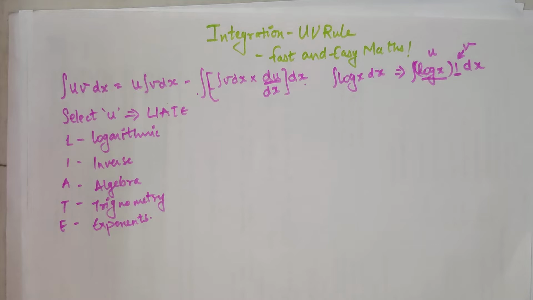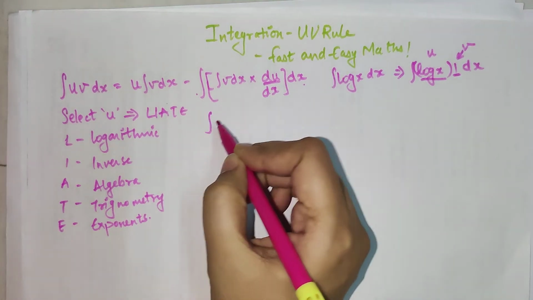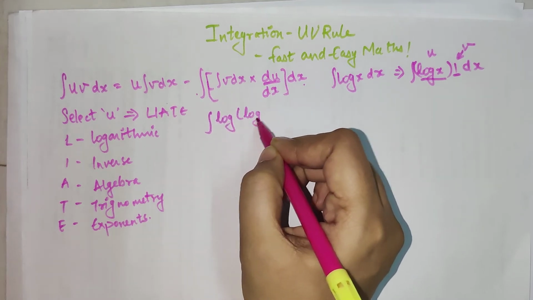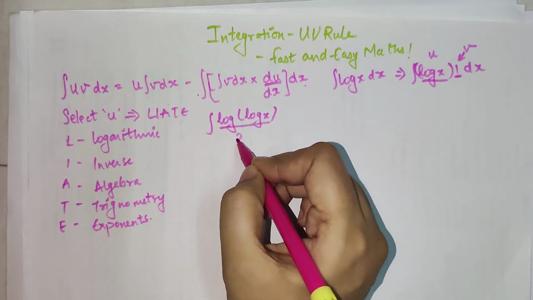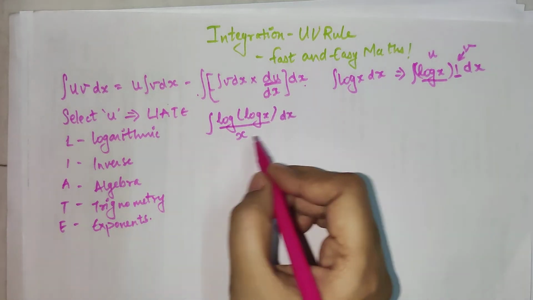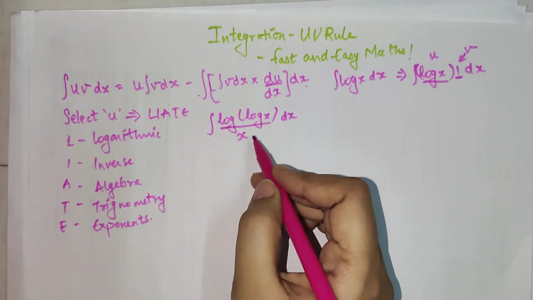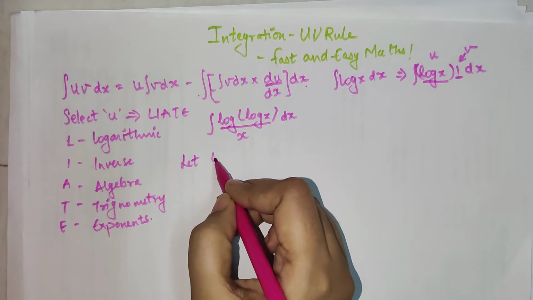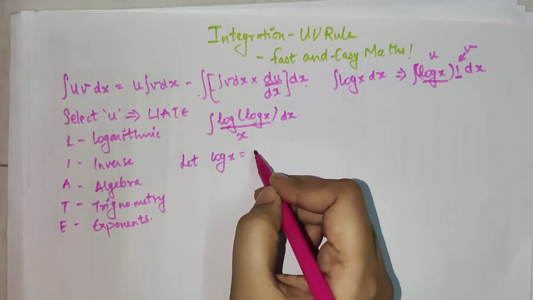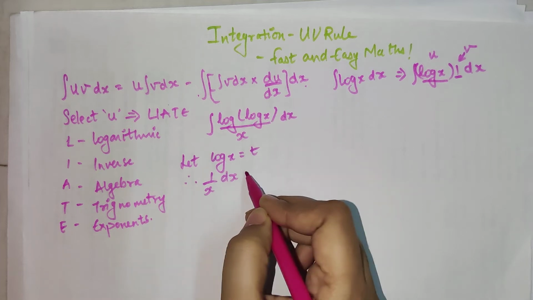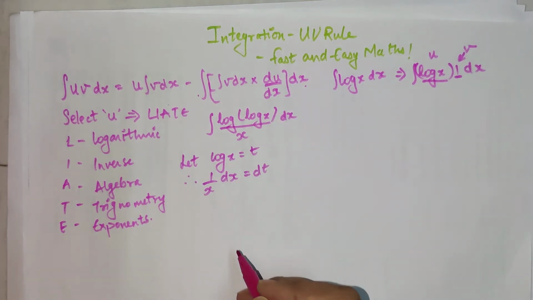Now coming to the question which is quite tricky: what is integration of log x the whole divided by x dx? Because this is complicated, let's start with substitution. Let log x equal t, therefore 1 upon x dx equals dt on differentiation.